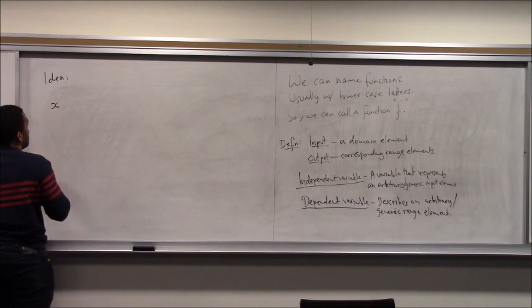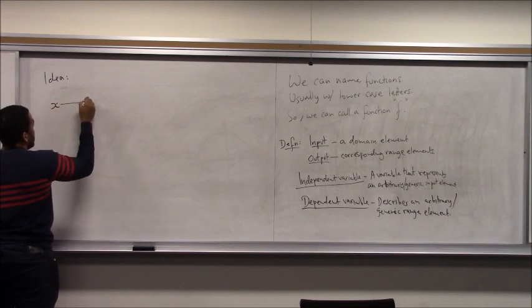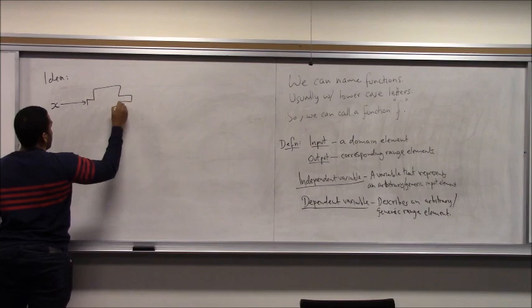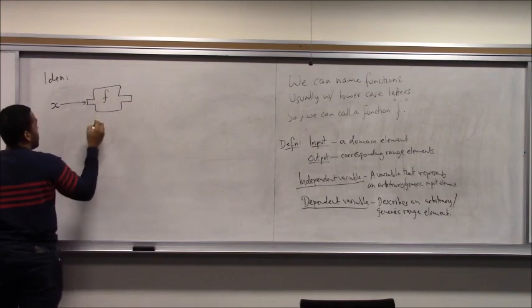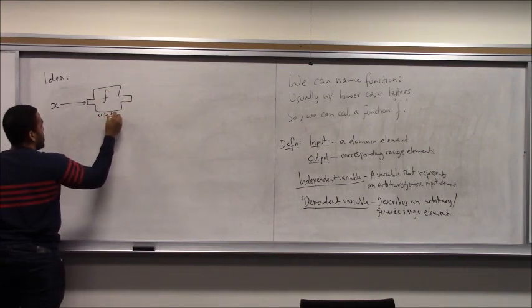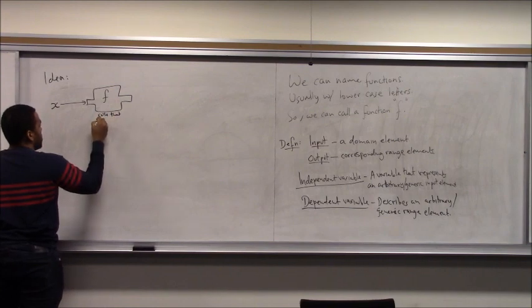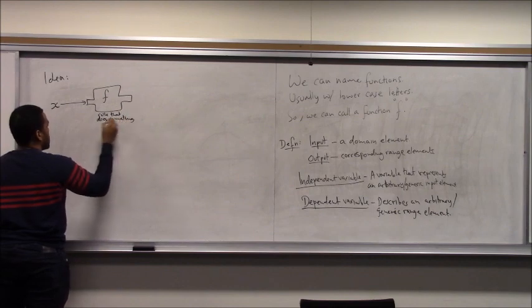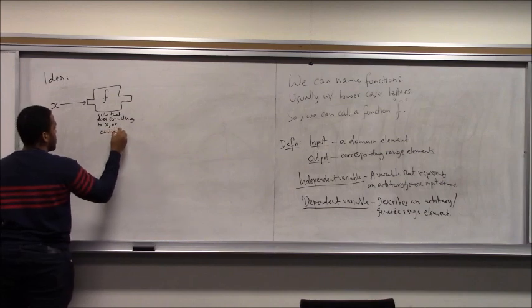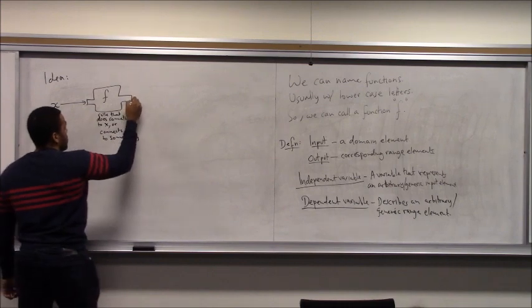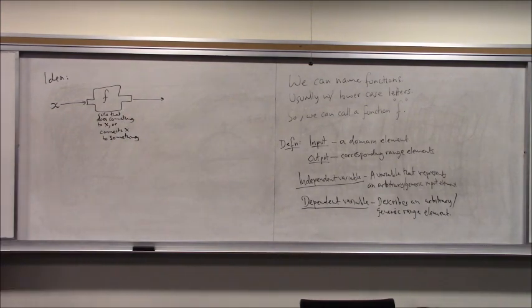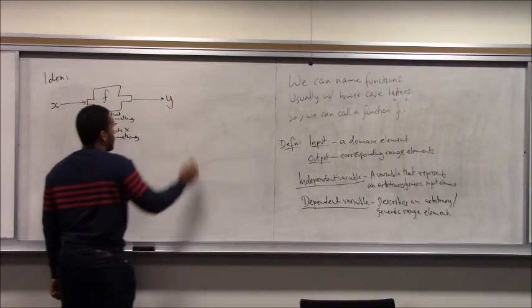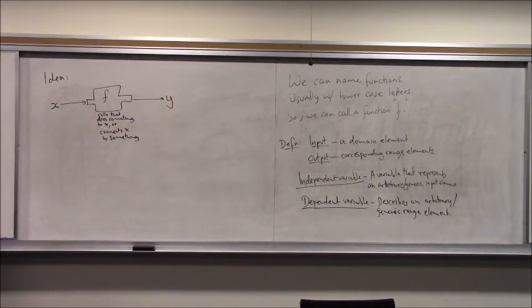Here's x, it represents some arbitrary input that I can put into a function. Now a function is just a rule, which is called f. It's going to be a rule that does something to x or connects it to something. And then the function, after doing that calculation, is going to spit out another variable, which we call y. And these just talk about generic variables here.